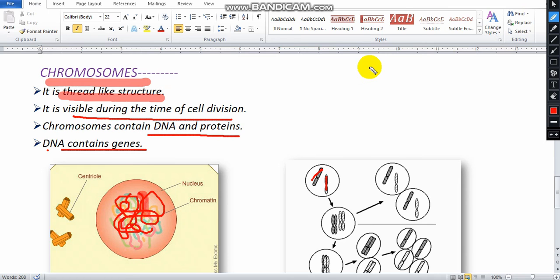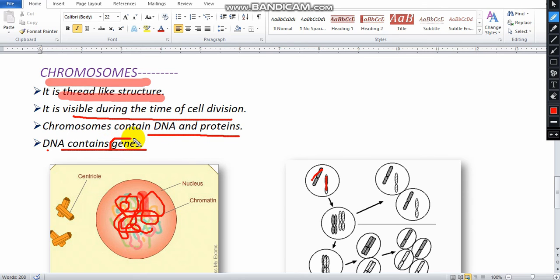We see that we have similarities to our parents, or children have the similarity of their parents or their family members. So how did that come? These all are because of genes. Genes are the material which is transmitted or passed from one generation to another generation, from parents to their offspring. So these are carrying the characteristics of the organism.